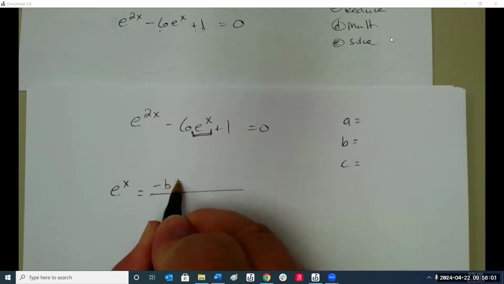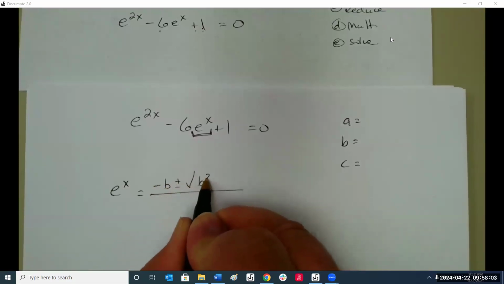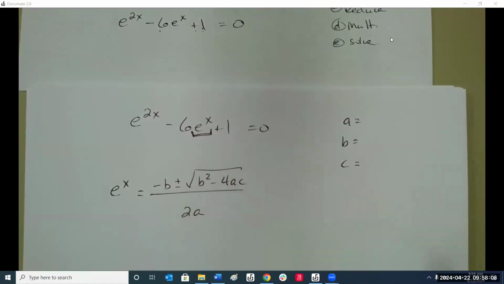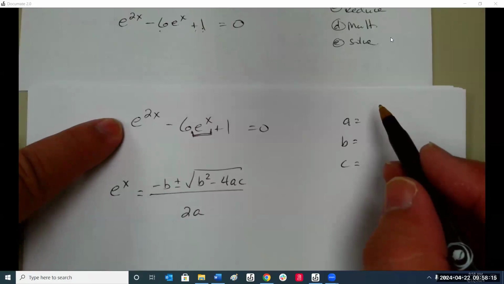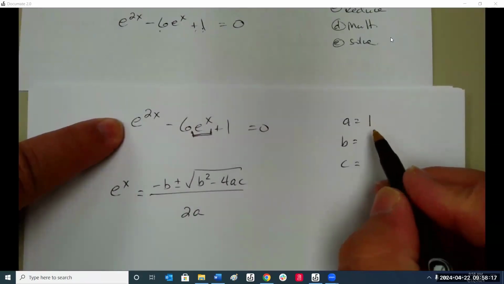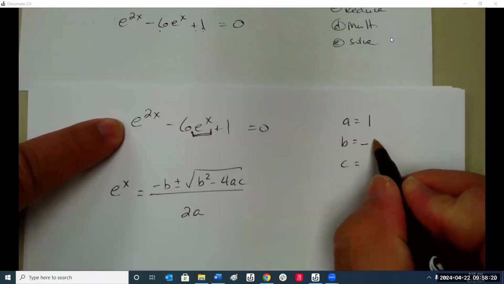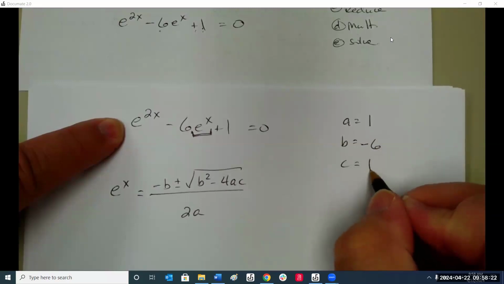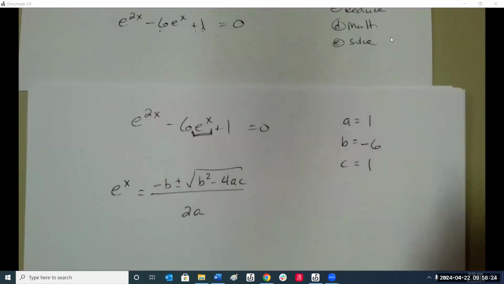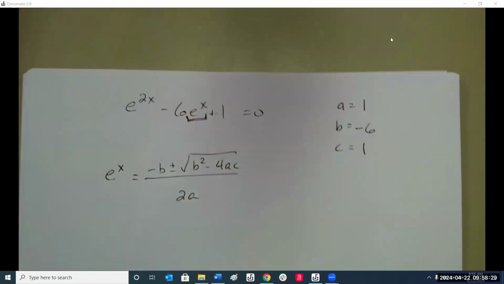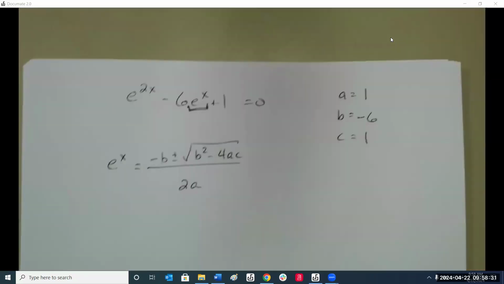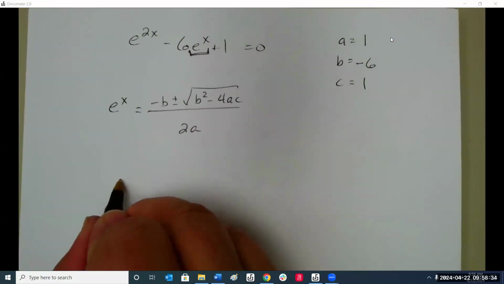So it's negative b plus or minus square root of b squared minus 4ac over 2a. So what's a? The number in front of the e to the 2x. 1. B is negative 6, and C is positive 1.